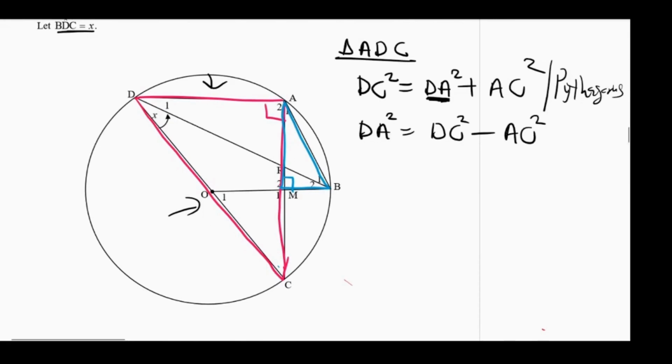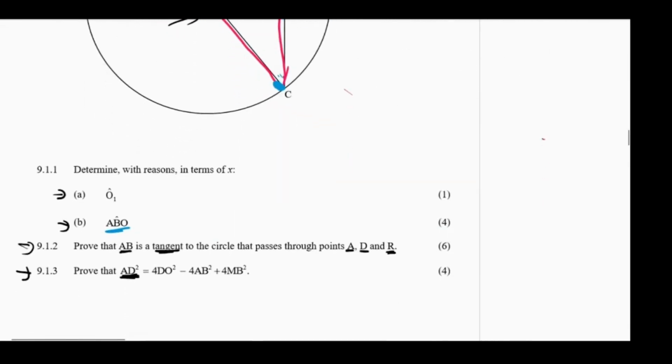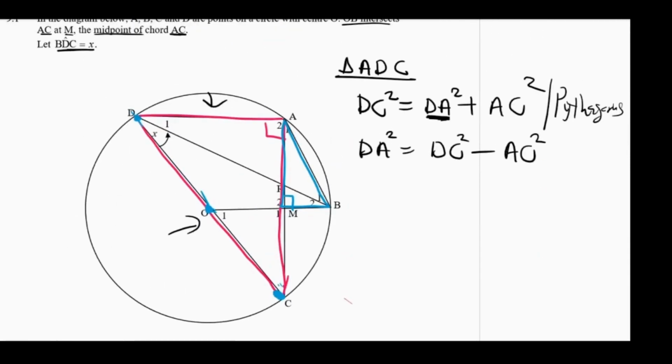So we need to substitute some of the values. We're having DC squared. Let's look from the shape: DC is from this point up to that point. That is DC, right? And we know that DC is formed by OD and OC. If we take a look at this problem here, there is OD, or you can say DO. So instead of writing DC, let's put OD where there's DC.